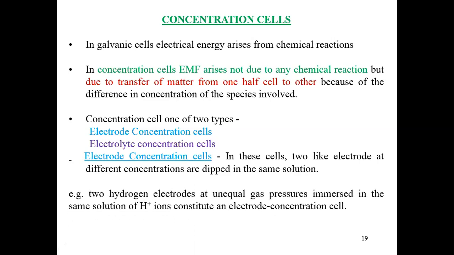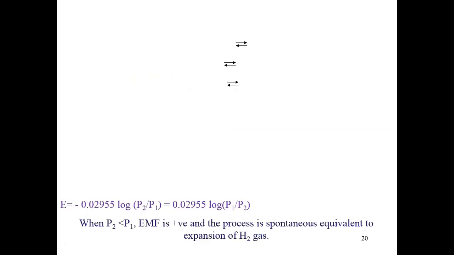For example, you have two hydrogen electrodes, which will act as cathode and anode respectively, but the partial pressure of the hydrogen gas is different, and they are dipped in the same solution of H ions, for example, HCl. Such a cell is known as an electrode concentration cell.